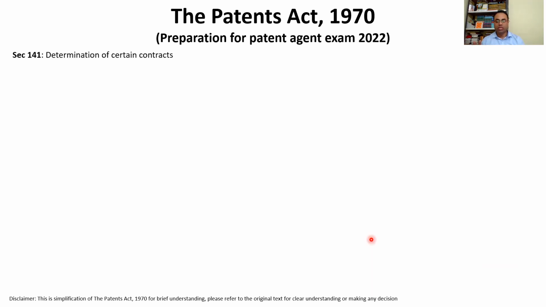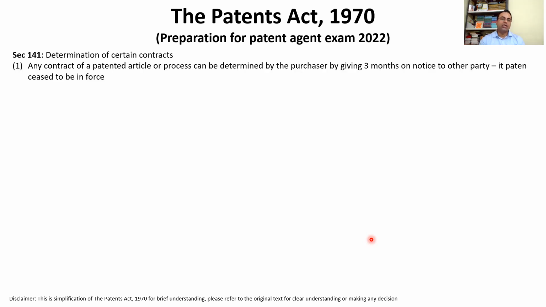Okay. If there is no question, then we will move forward. Section 141, determination of certain contracts. Any contract of a patent article or process can be determined by the purchaser by giving 3 months notice to the other party. You can give 3 months notice and it can be finished.